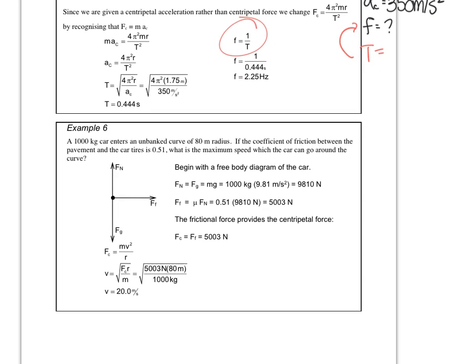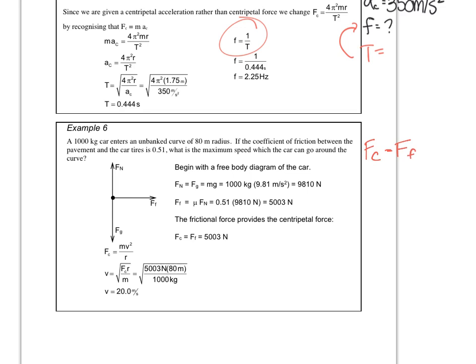A 1,000 kilogram car enters an unbanked curve of 80 meters in radius. If the coefficient of friction between the pavement and the car tires is 0.51, what is the maximum speed which the car can go around the curve? See, what we know is in an unbanked curve, Fc is equal to the force of friction.